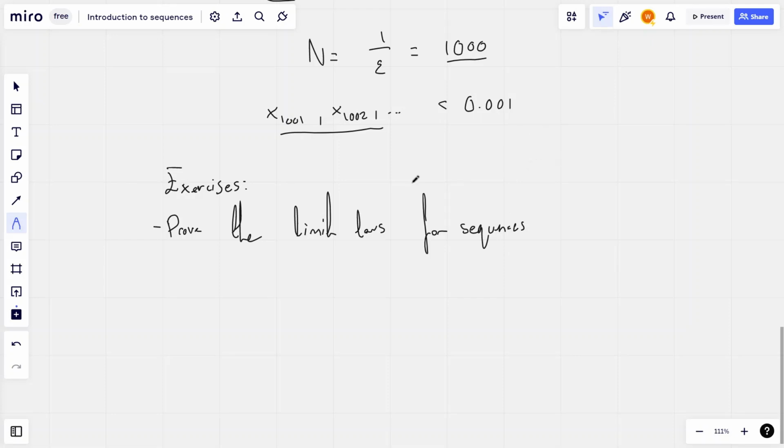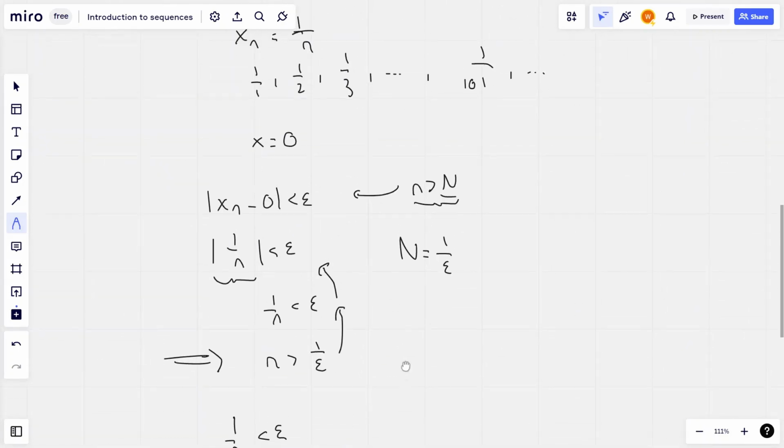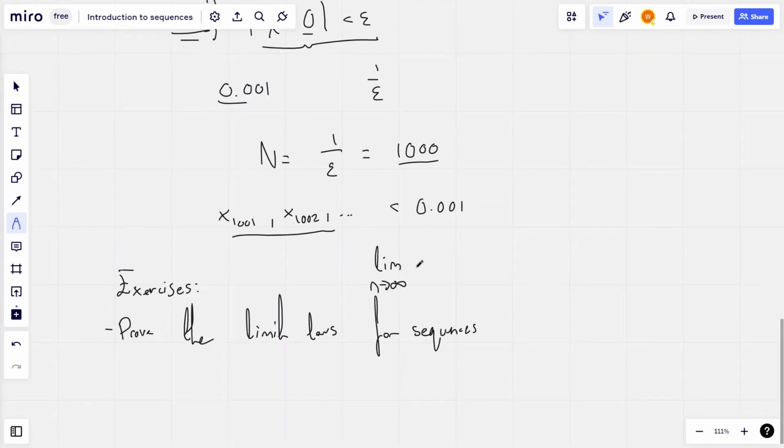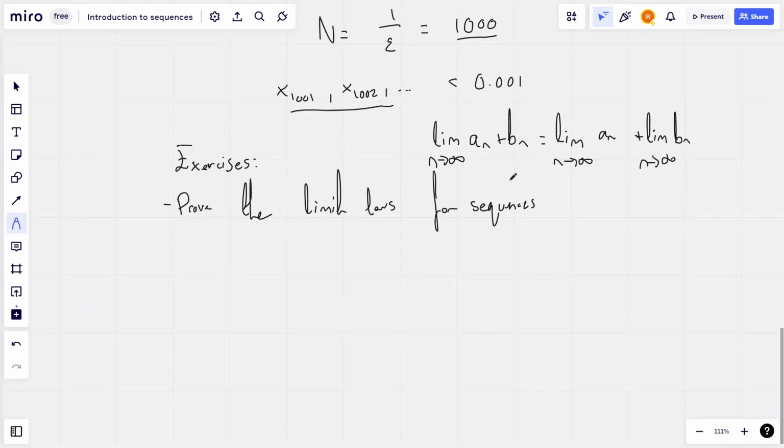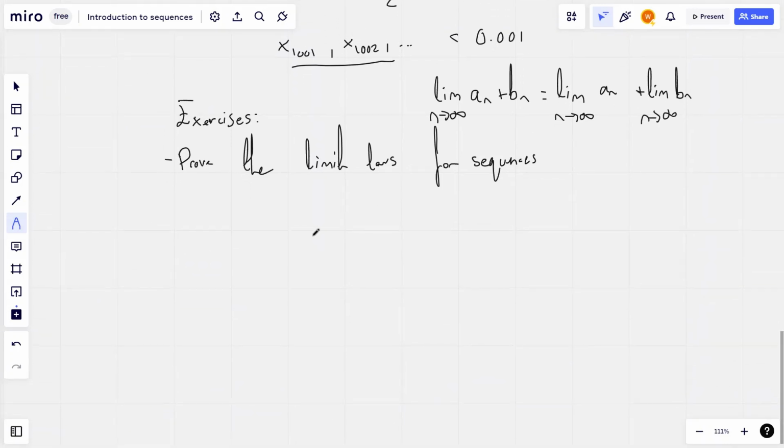That is, one limit law is that the limit as n goes to infinity, so this is what we've been formalizing this whole time, of some an plus bn is equal to the limit of an plus the limit of bn. Now, if you're struggling with this, then you should refer back to a video where I covered this for limits of non-sequences. Okay.